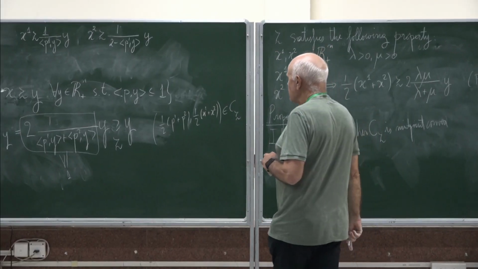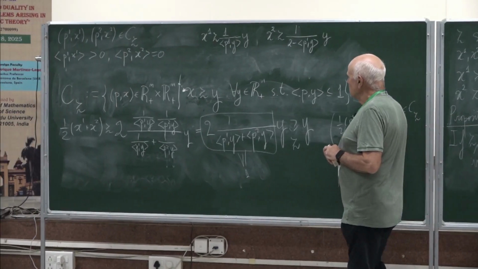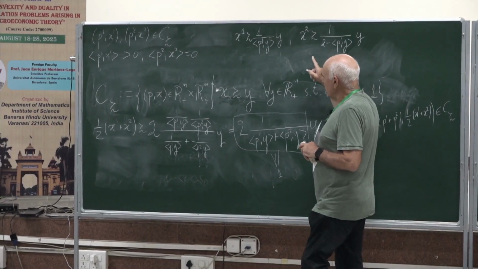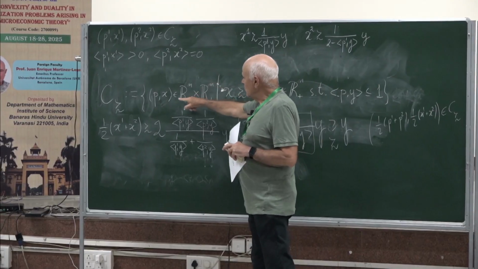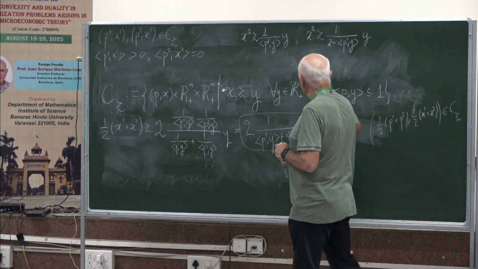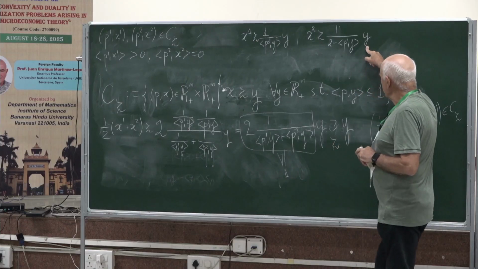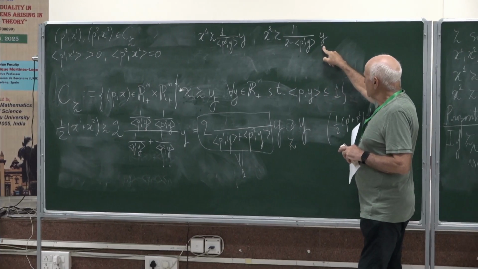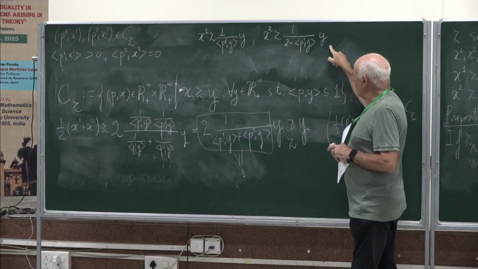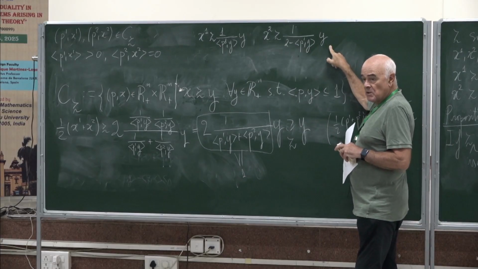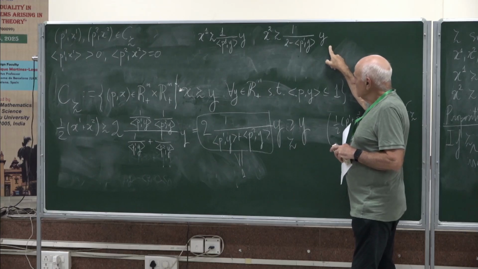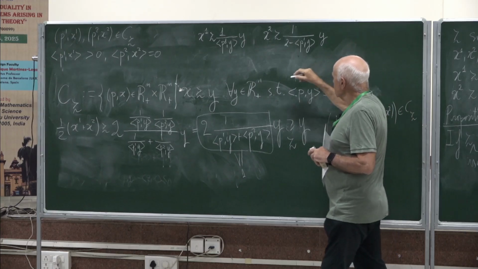But for the second, the second would be true given that P2x2 is in this set. So the second would be true if this multiplied with P2 is less than or equal to 1. Let us see if this is the case.